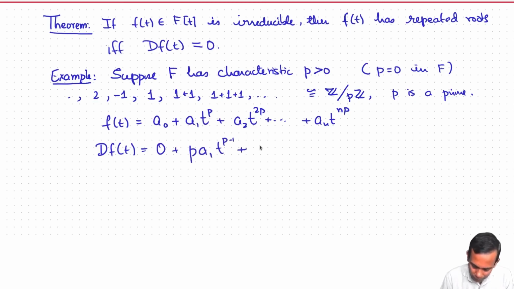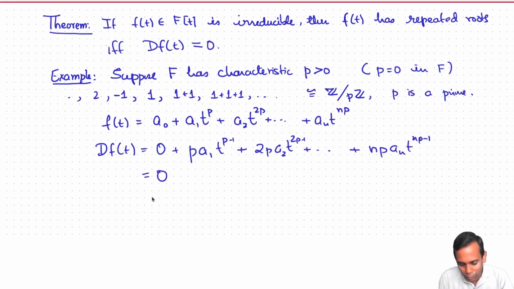This will be 2p a2 t to the 2p minus 1, and so on, np an t to the np minus 1. But these p's are all equal to 0, so this is equal to 0. So here's your example of a polynomial which is non-zero, but its derivative is identically 0.